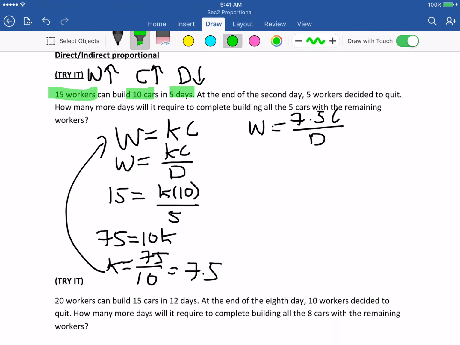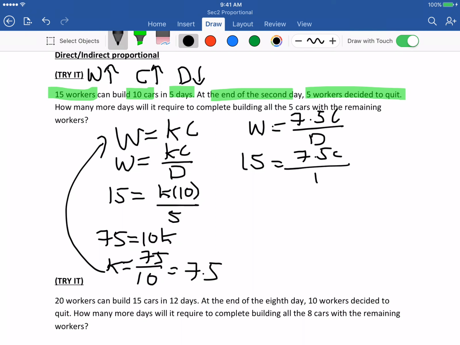Next one. The question says at the end of the second day, 5 workers decided to quit. Means for the first 2 days, we have the full 15 workers. So we go and find how many cars were completed. So it's 15 equals to 7.5 C over D. D we know is actually 2.